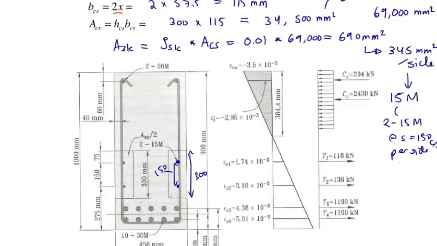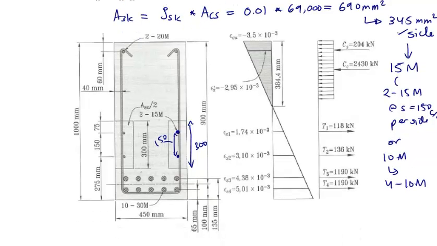So that's what they're doing here. 15M, 15M over here. Or let's say if we're using 10M, then we would need 4 10M, because each 10M is 100 millimeters squared. So that would satisfy this. And I would space this at, for example, 75 millimeters on center. But for this example, we're going to use 2 15Ms. Where do you place this?